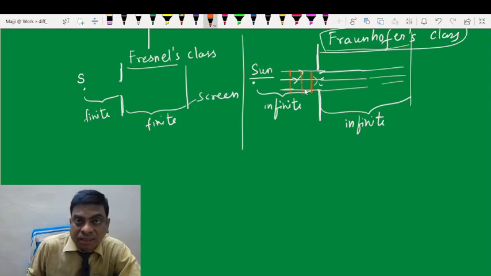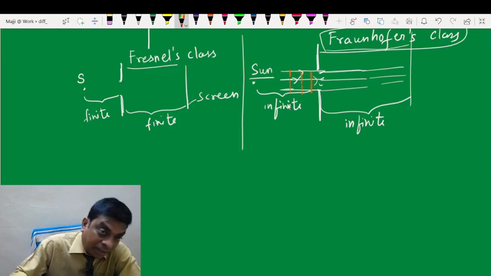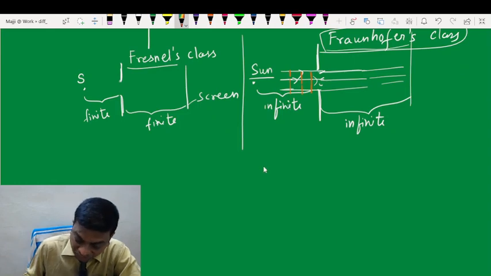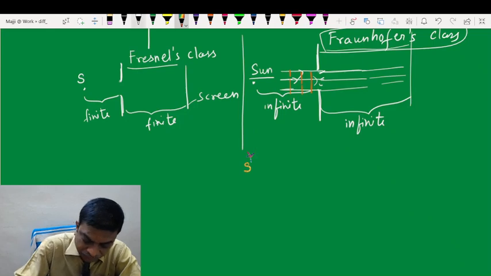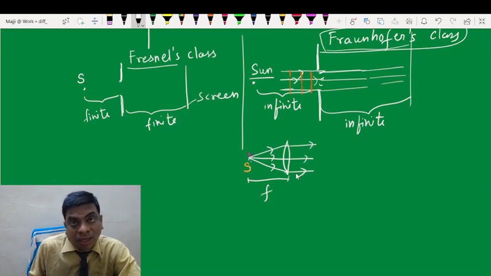We know that when rays are parallel to each other, the wavefront will be a plane wavefront. For that, it's not necessary that the source has to be at infinity in Fraunhofer's class. It can effectively be kept at infinity. How? It's very simple. Take a source and place a convex lens such that the source is at the focus of the lens. So automatically light coming from the lens will be parallel.